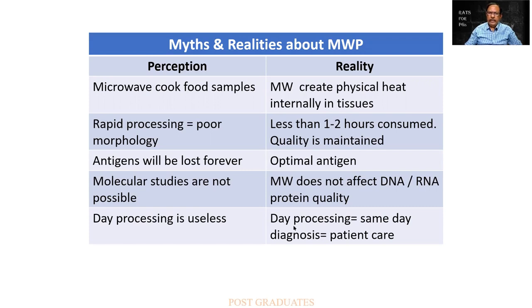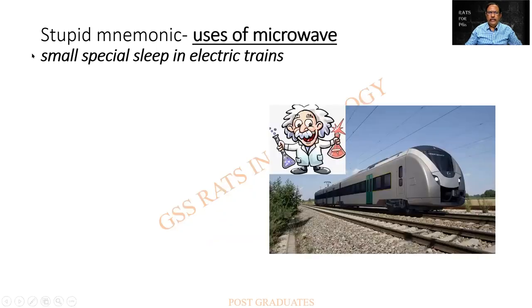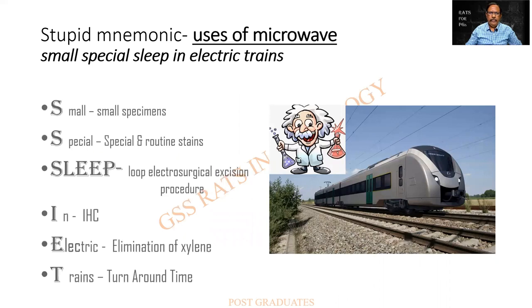And the same-day processing that is done by the microwave is equal to the conventional processing. And you will be able to get the slide and the diagnosis the same day for better patient care. So, regarding the advantages and disadvantages, I would like you people to kindly remember this in the morning.